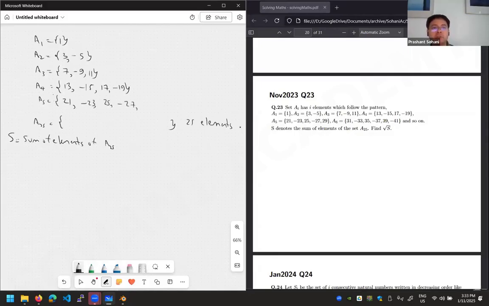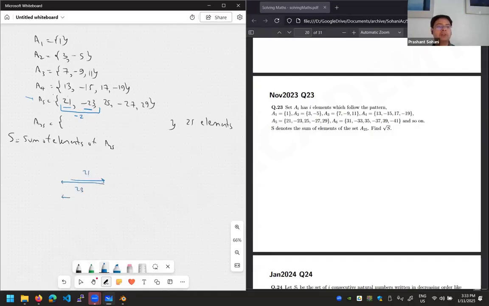Because of the alternating terms, let us look at A5 for example. They're alternating with sign, and the magnitude is also increasing by 2, right? So if I just take this pair, 21 and minus 23, what is the sum of these two together? You see it is -2, because it is like going ahead by 21 and then coming back 23.